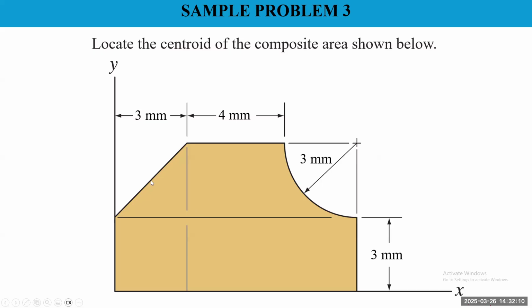What you do here, all right, so first you look at this now. You say to yourself, all right, how many regular figures can you get out of this? You notice that you have a segment that looks like a rectangle here. All right, good. And then you have another section which is a quarter circle over here.